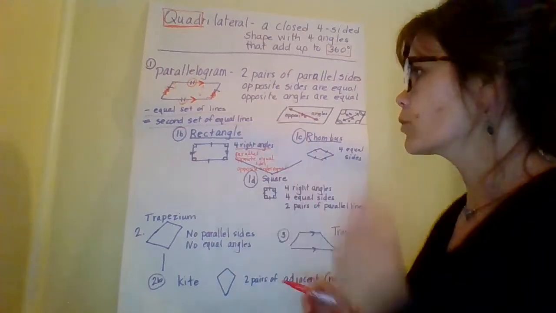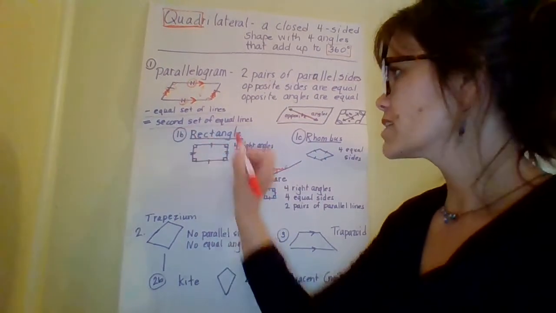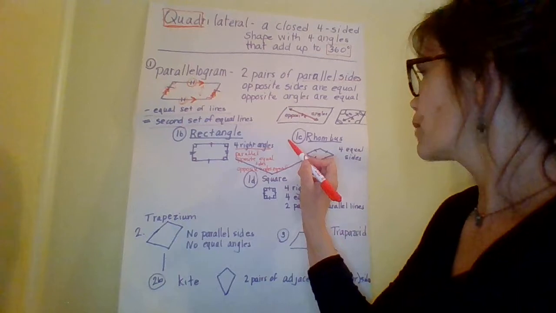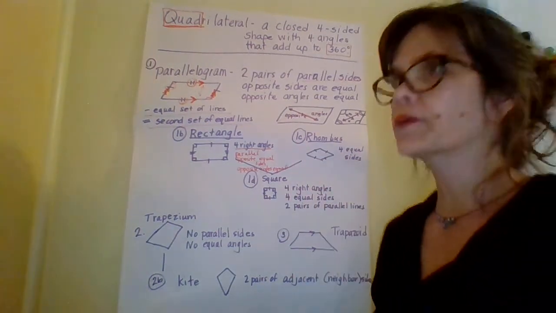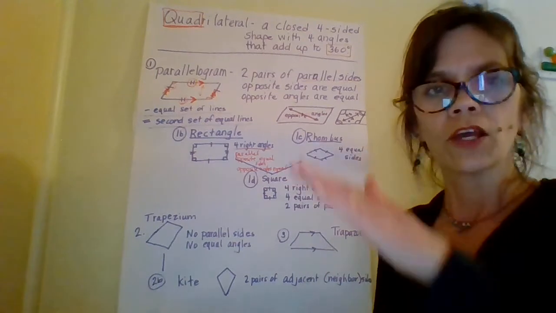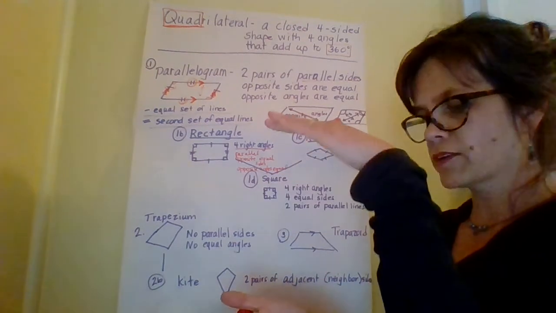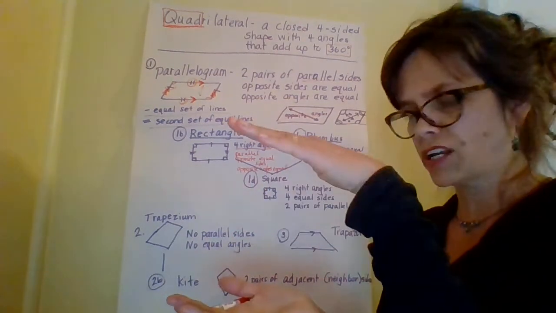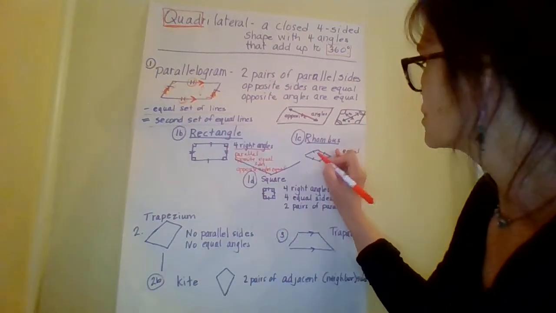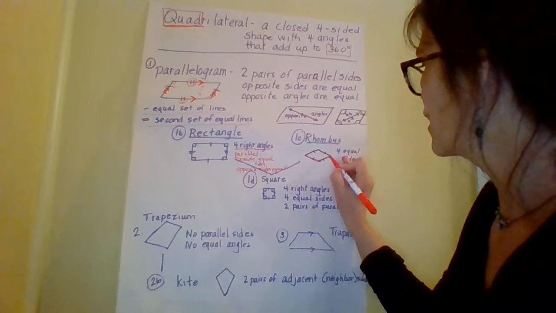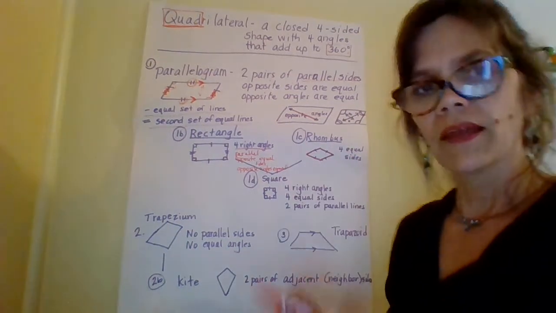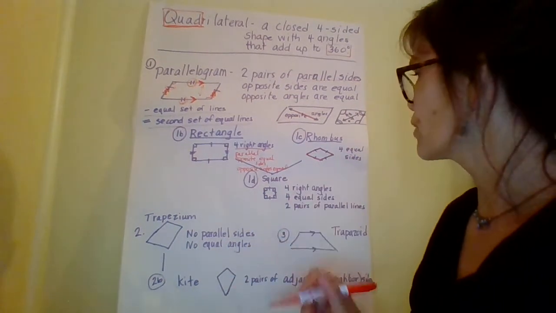Now, if we go backwards a tiny bit, rectangles are one kind of parallelogram. A rhombus is another kind of parallelogram, and you met a rhombus early on. Rhombuses look like squares that someone sat on, and they just kind of smooshed a little bit. So they have a wide angle and they have a narrow angle, and they do not have right angles.